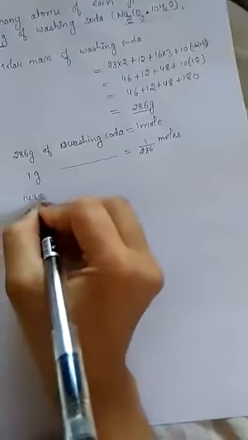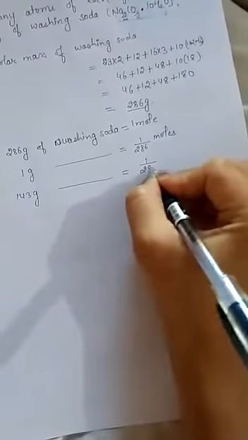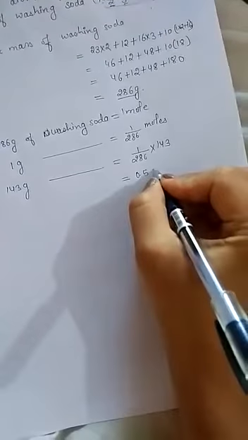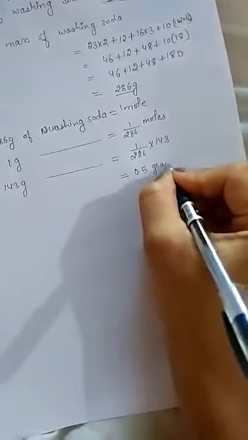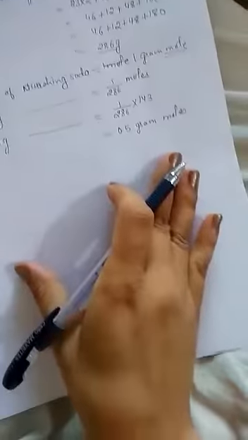So 143 gram of washing soda will equal 1 divided by 286 multiplied by 143. It will come 0.5 gram moles. You can write it as gram moles, okay? That is 1 gram mole, so 143 gram of washing soda has 0.5 gram moles.